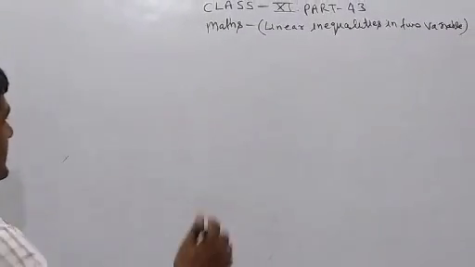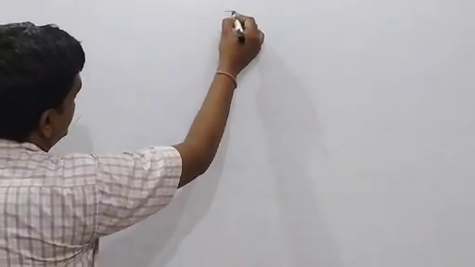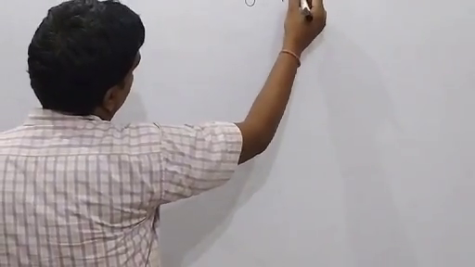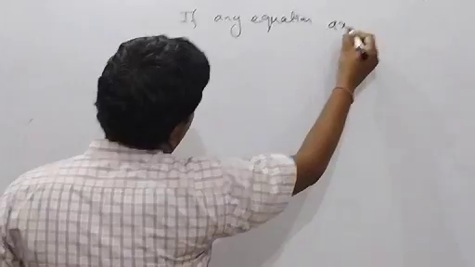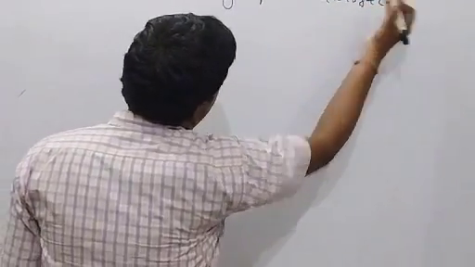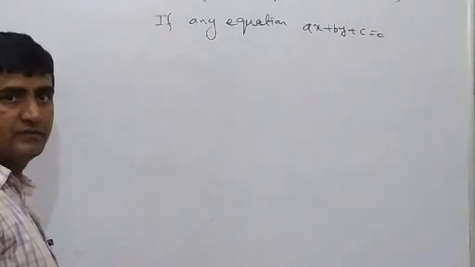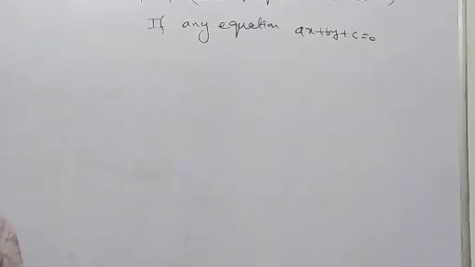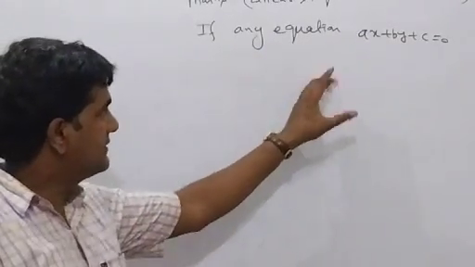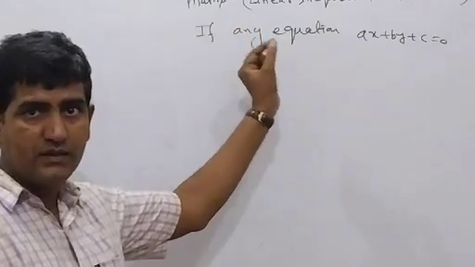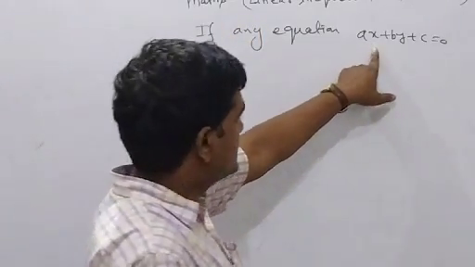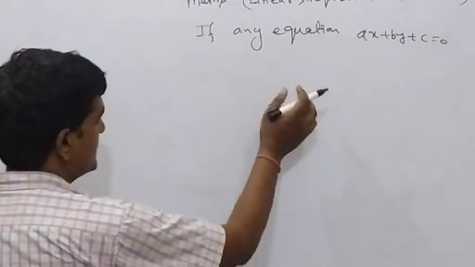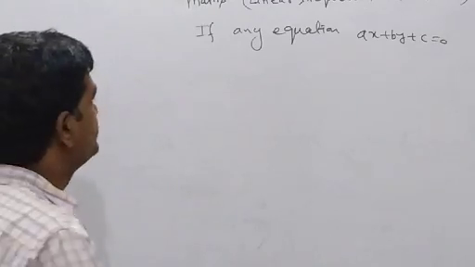Understood? Now first of all, listen here. If any linear equation in two variables, ax plus by plus c is equal to 0, is given, first of all we have to change it into intercept form.